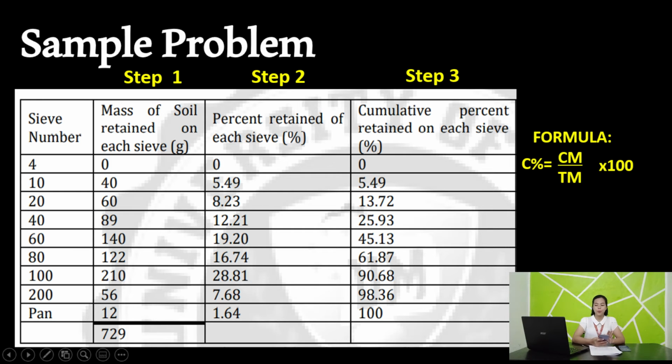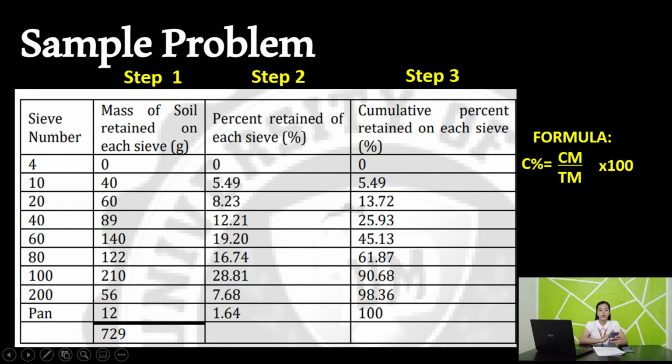So, in sieve number 10, naa siya og mass nga 40. So, 0 plus 40 divided by 729 times 100, mao na siyang answer is 5.49. So on and so forth ang steps pag-solve sa cumulative percent retained on each sieve.